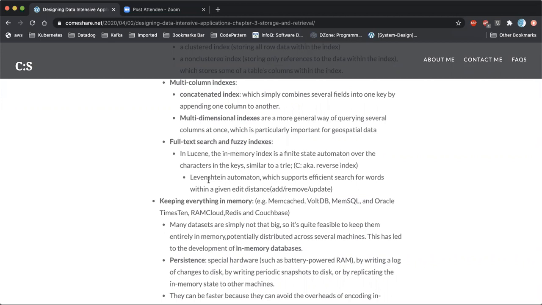So, anything else anybody wants to add on that? Yeah, I just want to add that when we are searching for something, to make our search faster, we create indexes, right?